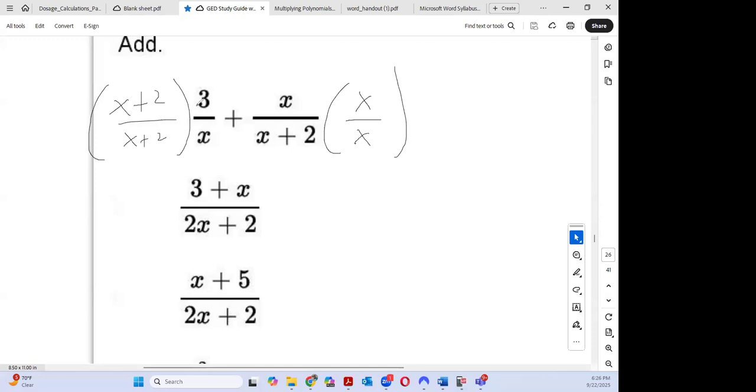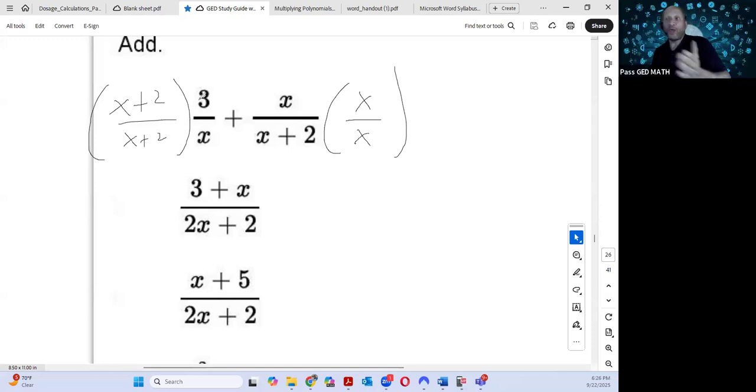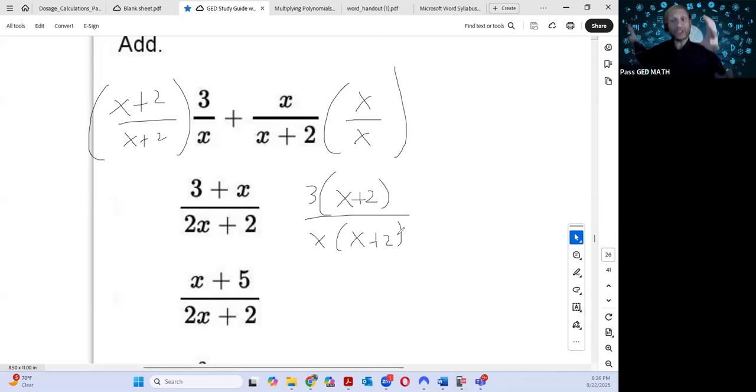Now, when I look at the top, I'm multiplying 3 times x plus 2 over x times x plus 2. Mr. Tinsley, that says x plus 2 times x. Remember, you have to understand your properties. You can multiply in any order: 3 times 4 is 4 times 3.